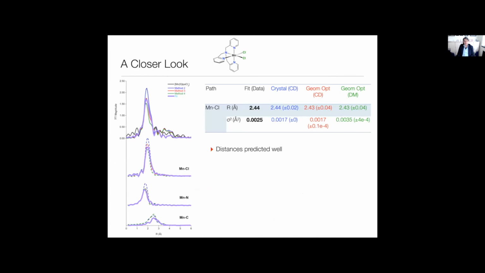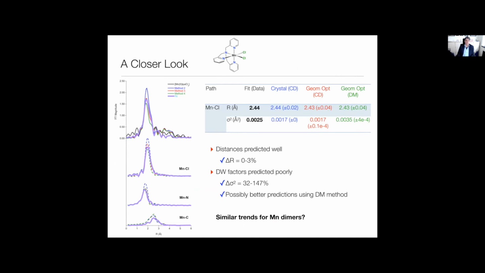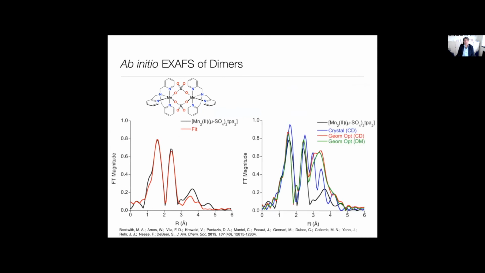If you take a closer look, then the distances are predicted well. The Debye-Waller factors aren't predicted particularly well, so they vary by a factor of 2 to 3 from the fitted values. But by and large, that is not a train wreck. But then what happened for the manganese dimers? For the manganese dimers, you see that the calculated EXAFS spectrum has absolutely nothing to do with the experiment.